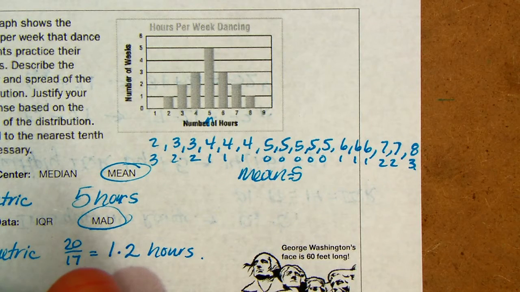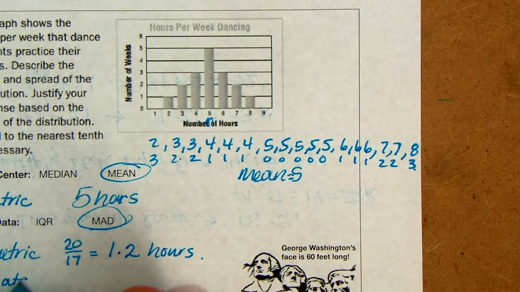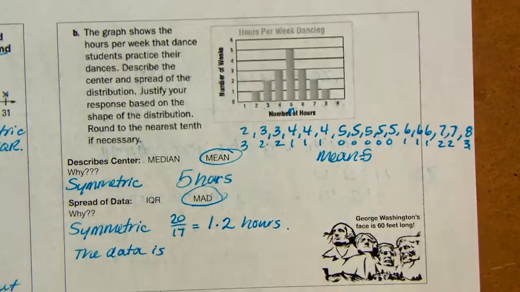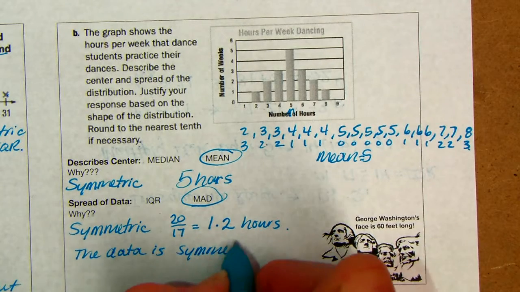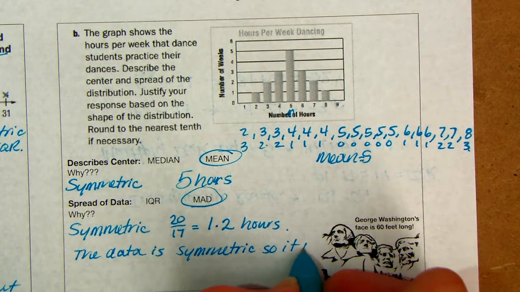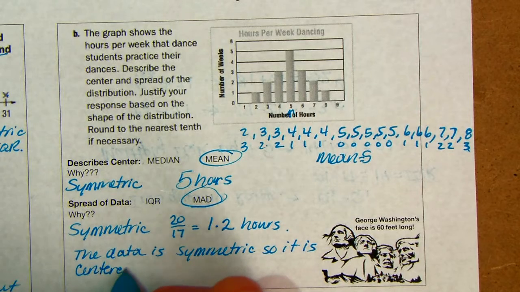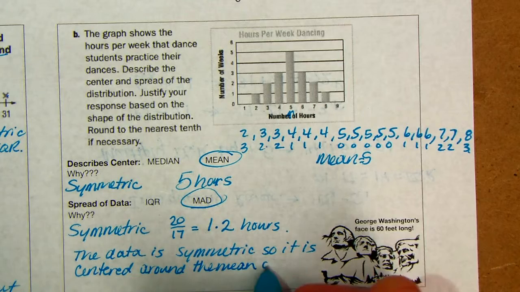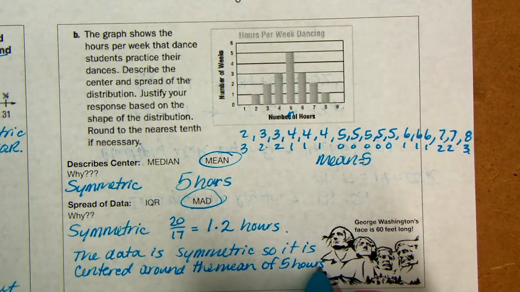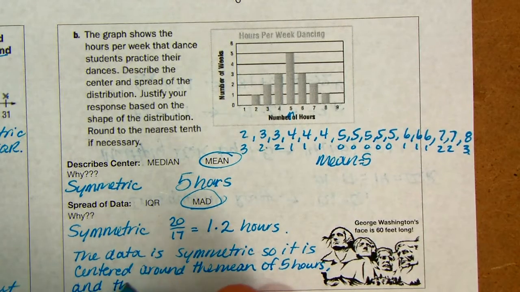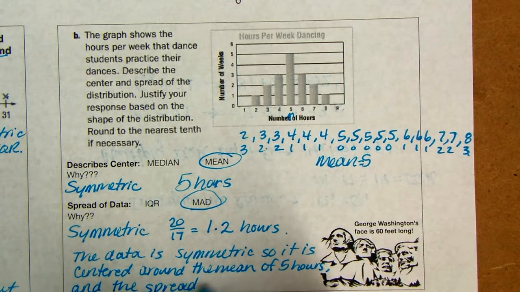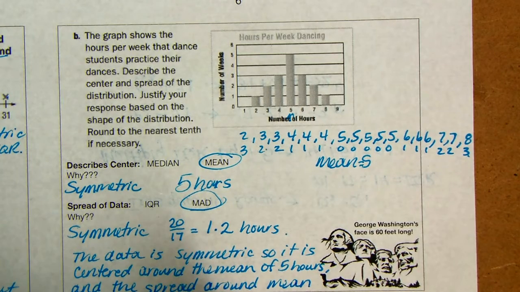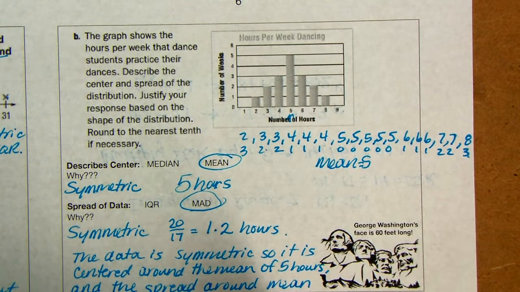Let me zoom out. This is the sentence you'll have to write, something like this. Symmetric. So it is centered around the mean of 5 hours and the spread around the mean is the mean absolute deviation of about 1.2 hours.